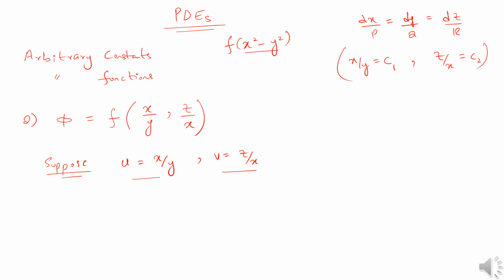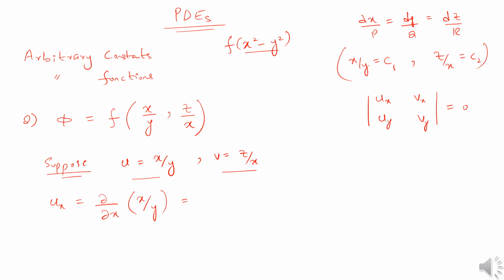Now we have to solve this determinant. Basically this is also called the Jacobian, and we will equate it to 0 to find the partial differential equation. So let's start. We have to find ux. It means that we have to differentiate u with respect to x partially.